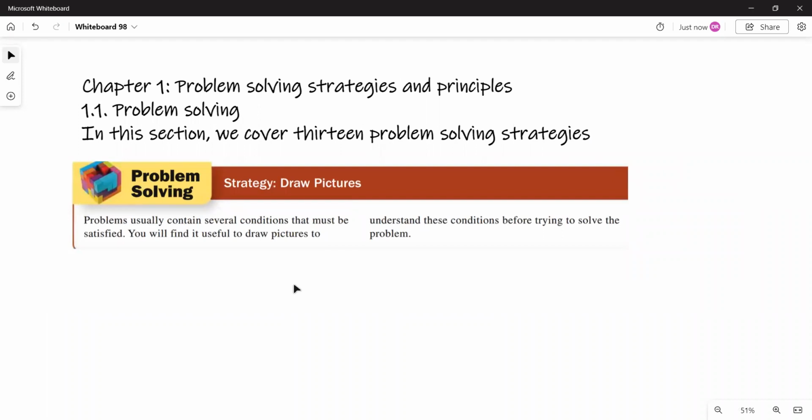Problems usually contain several conditions that must be satisfied. You will find it useful to draw pictures to understand these conditions before trying to solve the problem.